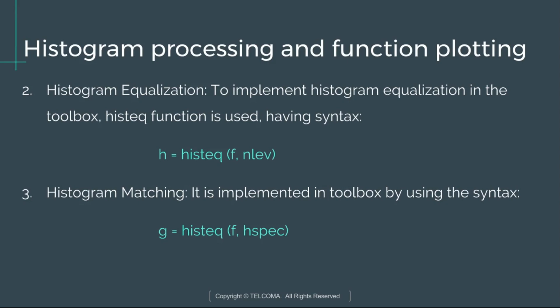This vector should contain integer counts corresponding to equally spaced bins. A property of histeq is that the histogram of g generally better matches hspec when length of hspec is much smaller than the number of intensity levels in f.